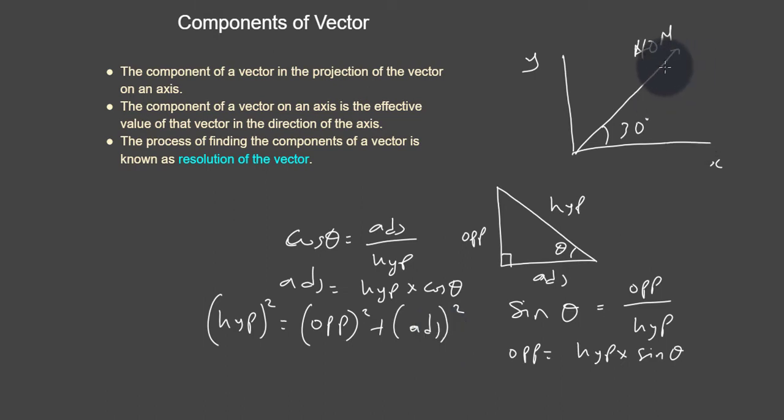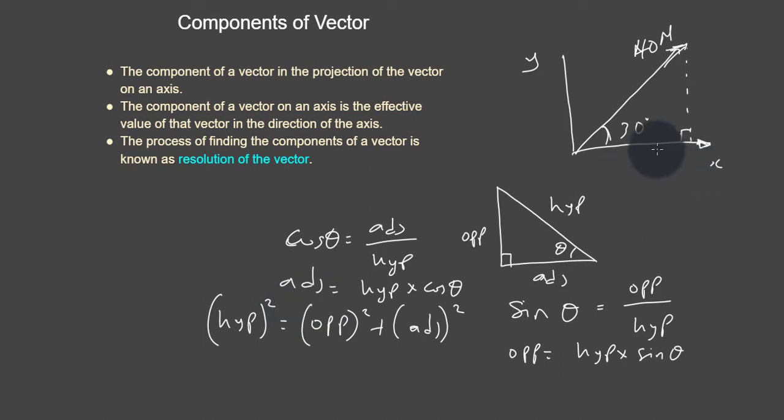So this is how to think about it. If you have this line representing the original vector, try to see this as a right angle triangle. Just imagine that this is a right angle triangle where this is angle 90 degrees. This is the angle theta, right? And now we are looking for this particular side of the right angle triangle. So what is this side? This is the adjacent. It's adjacent to this angle. And once you are looking for the adjacent side, you use this formula.